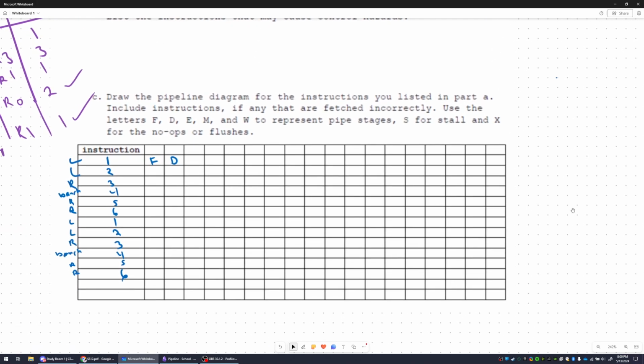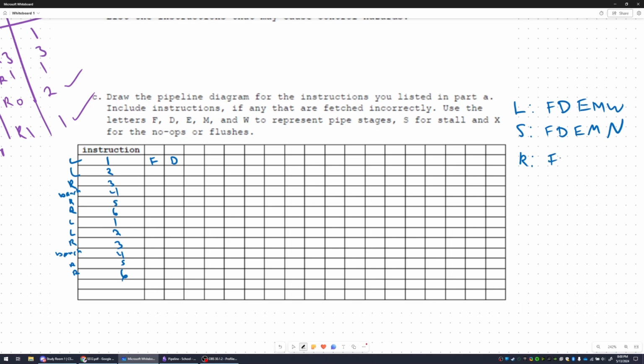So for this, since you have 1, 2, 3, 4, 5, 6, 1, 2, 3, 4, 5, 6, put those in the rows, and then for pipeline, you have load, which is fetch, decode, exec, mem, write back. For S type, it's fetch, decode, exec, mem, and then no op.